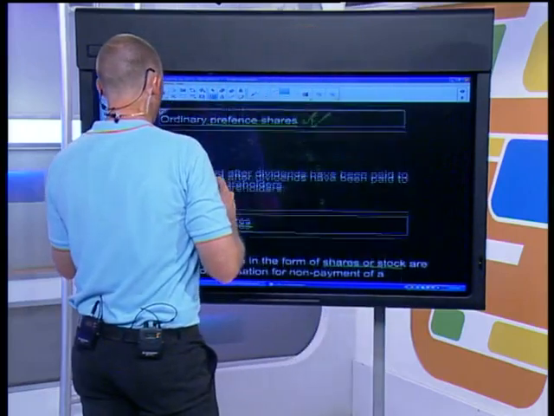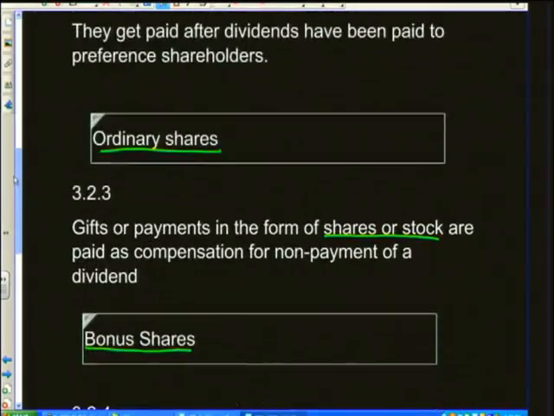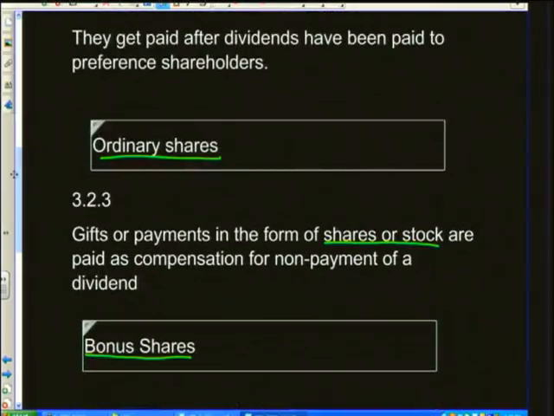Just going back to the ordinary shares, all right? Remember, in the ordinary shares, we get a whole bunch of shares there. We get things known as blue chip, right? Blue chip shares, those are the big, massive companies that we have there, the companies that give out great dividends every year, the companies that don't look like they will fail or collapse.